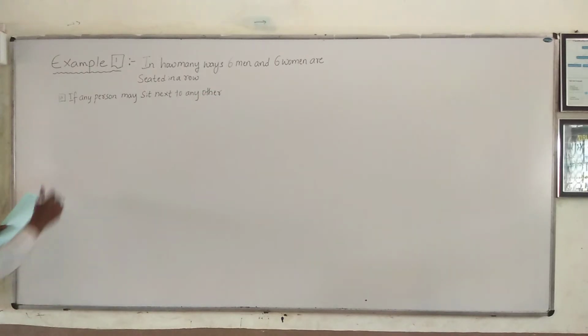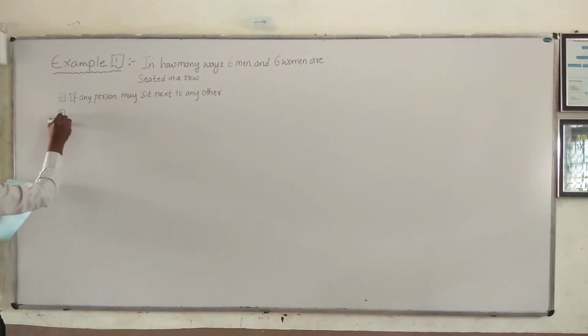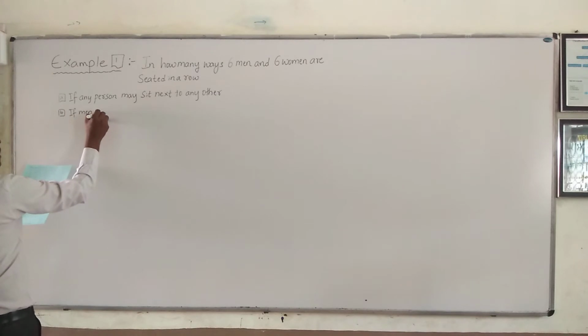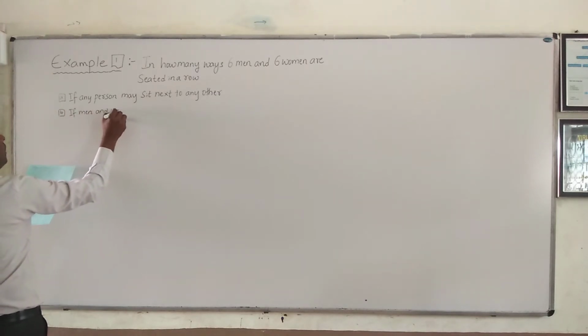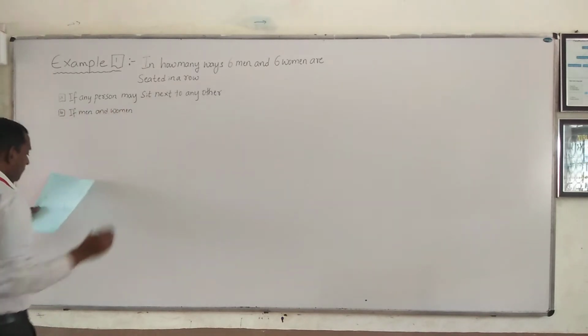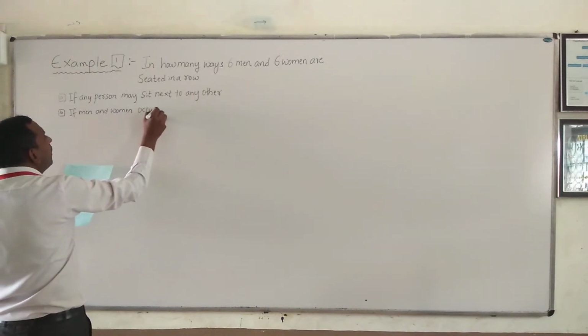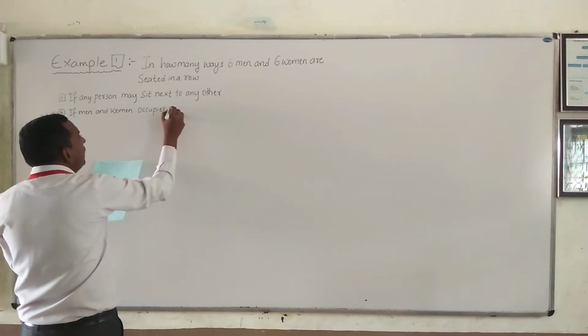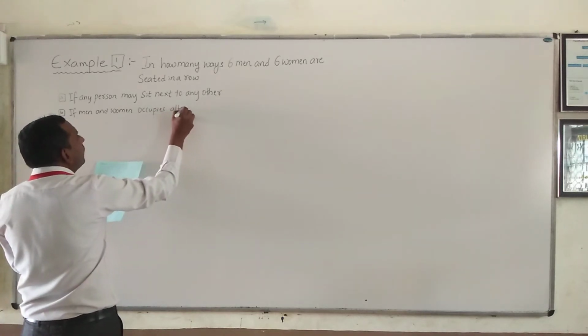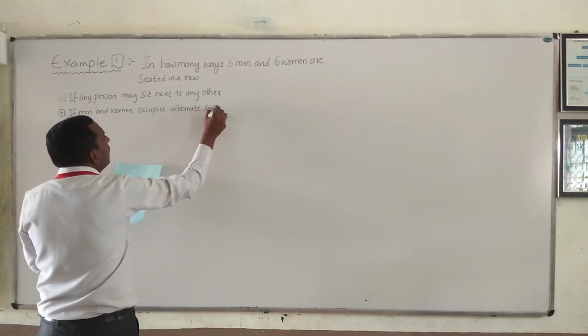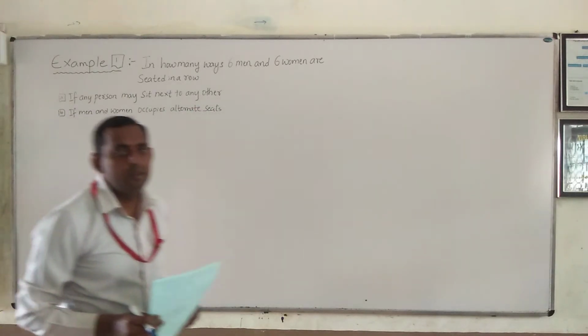Whereas in B: if men and women occupy alternate seats. And this is the question.